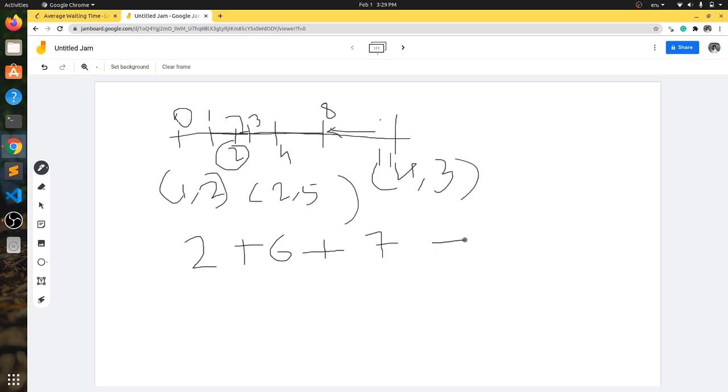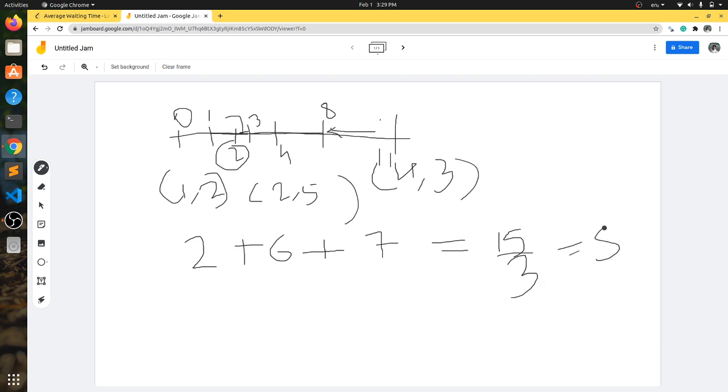Adding each customer's waiting time, the total waiting time will be 15, and we have to calculate the average waiting time. So we divide by the total number of customers. In this case we have 3 customers, so we divide by 3, and we get the result 5.